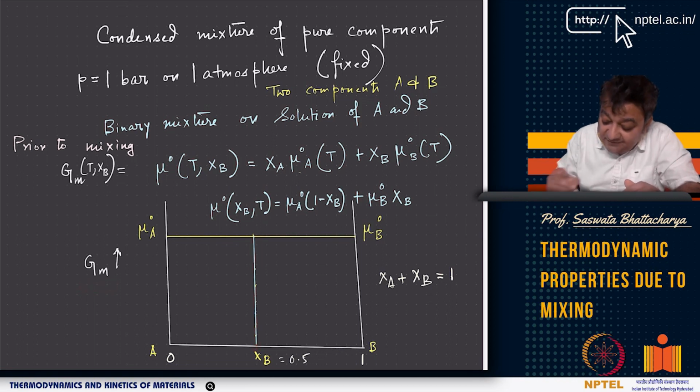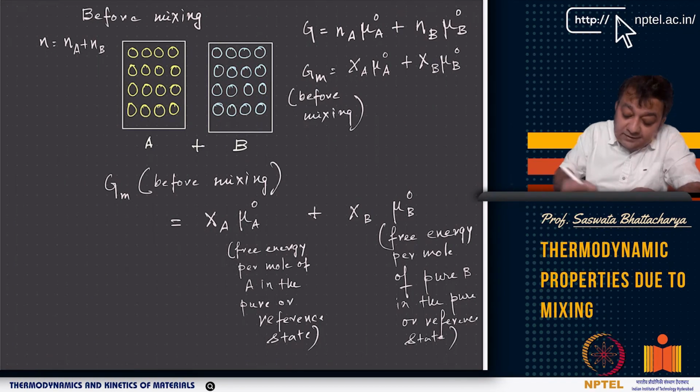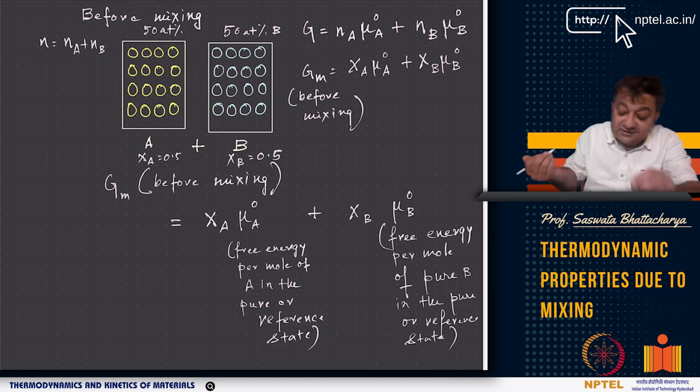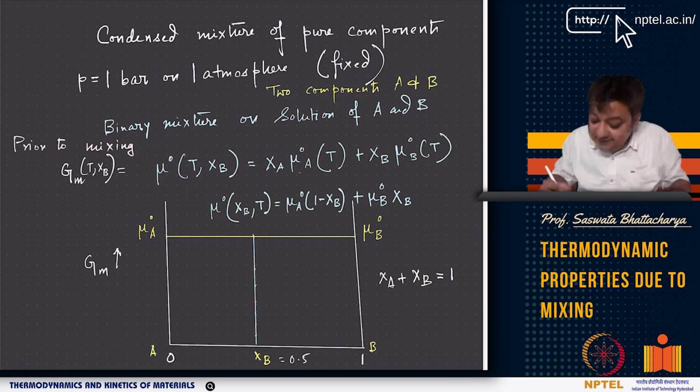If they are at the same level, say at composition xb equal to 0.5, you have 50 atomic percent A and 50 atomic percent B. Then xa equal to 0.5, xb equal to 0.5, xa plus xb equal to 1. So I am taking that composition xb equal to 0.5.